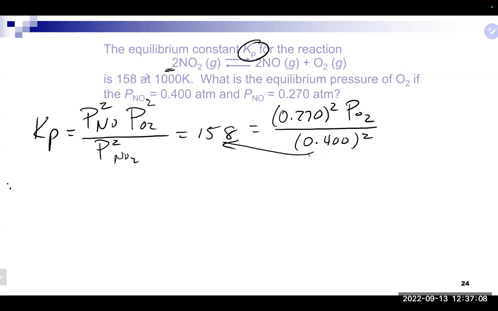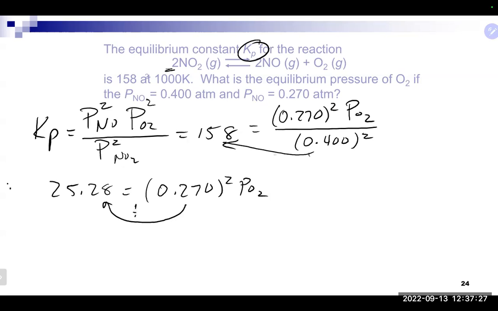So we're going to take 158 times 0.4 squared. That gets us 25.28 equal to 0.27 squared times PO2. We then divide by 0.27, also squared, which gets us a pressure of O2 of 347.